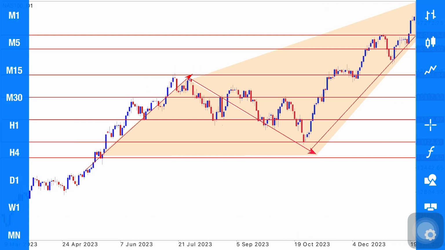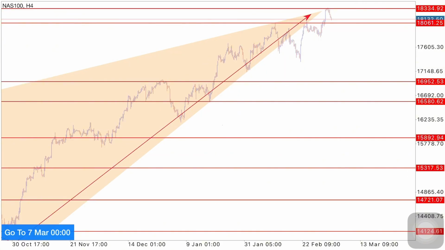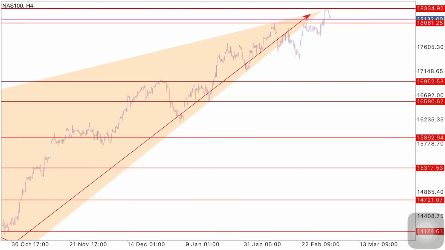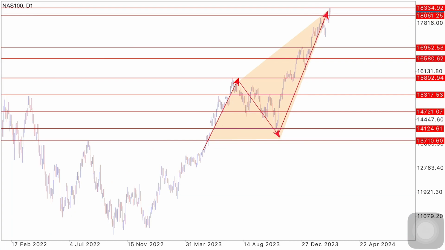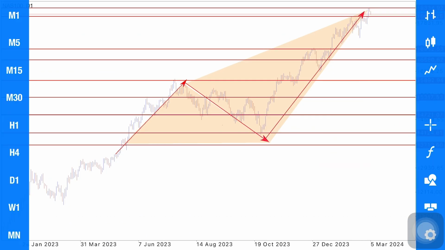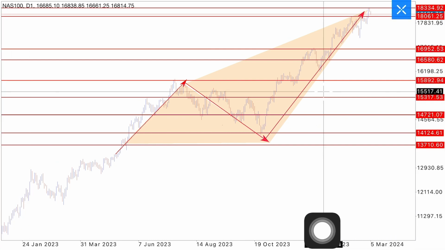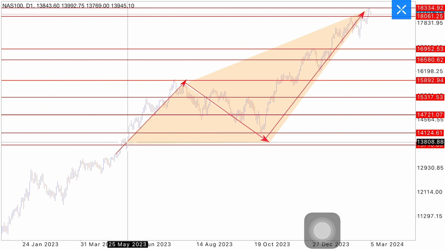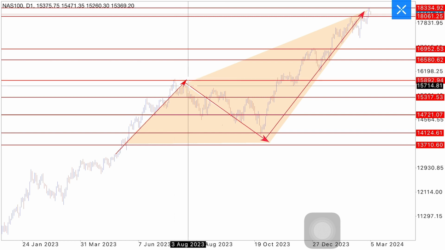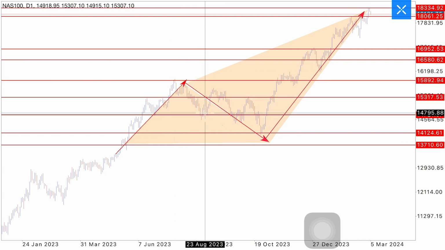Okay, let's go to the 4-hour time frame. Let me actually go back to the daily time frame to see something. There's something I saw which I want you guys to also see. As you can see here, we had a bit of a move to the upside, creating a left shoulder for us, went to the upside, came down creating a bit of a head before creating another shoulder here.